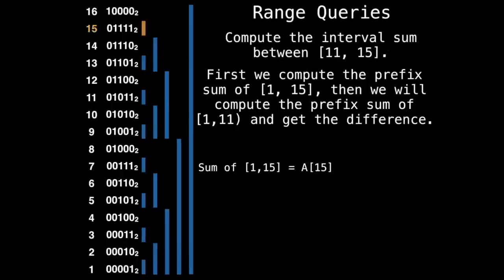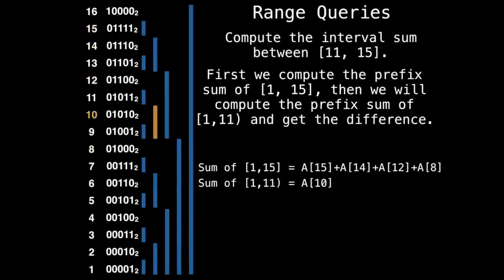If we start at 15, then we cascade down until we hit 0. 15 has a range of responsibility of 1, subtract 1 from 15, then we get to 14. And 14 has a range of responsibility of 2, because the least significant bit of 14 is 2. Now we go to 12 and keep cascading down. So the prefix sum for 15 is the array at index 15 plus the array at 14 plus 12 plus 8.